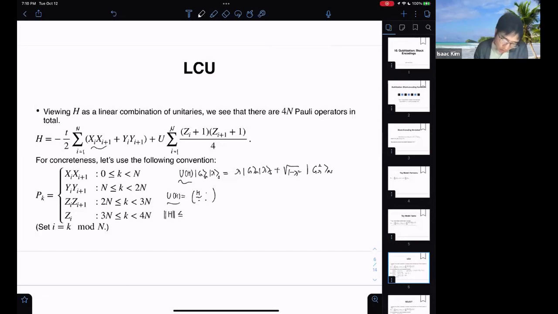So the total norm, it turns out, is upper bounded by t divided by 2 times n corresponding to x terms, n corresponding to y terms, plus the remaining terms.